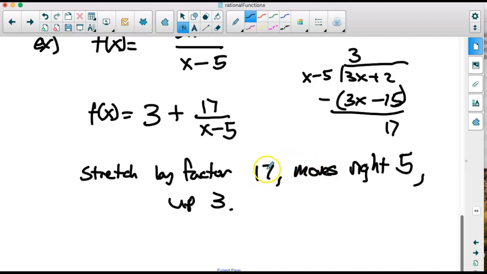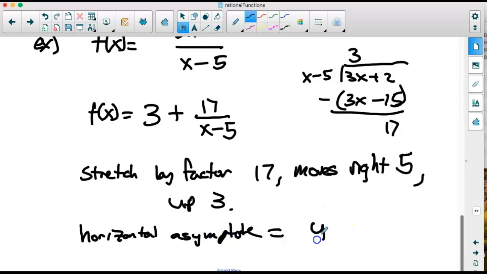So basically, on this one, my horizontal asymptote would be y equals 3, because we shifted it up 3. It was at 0.